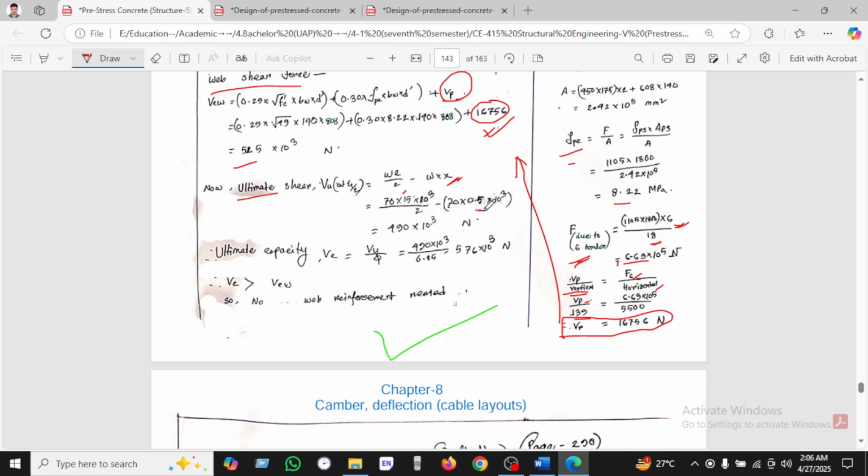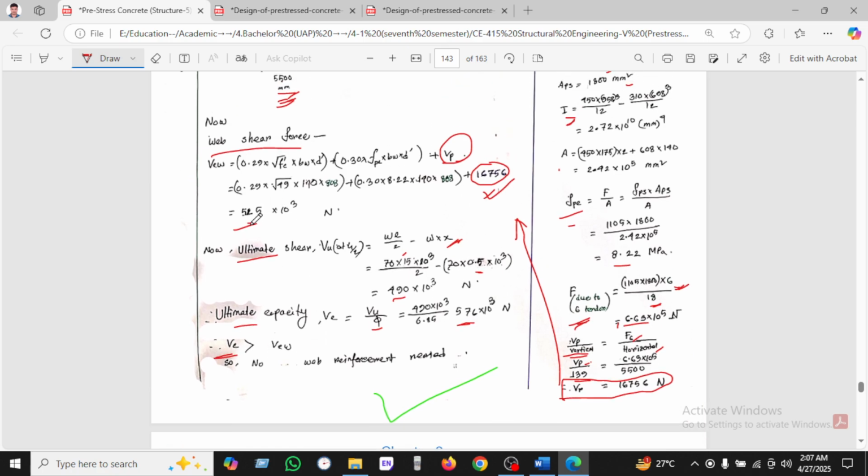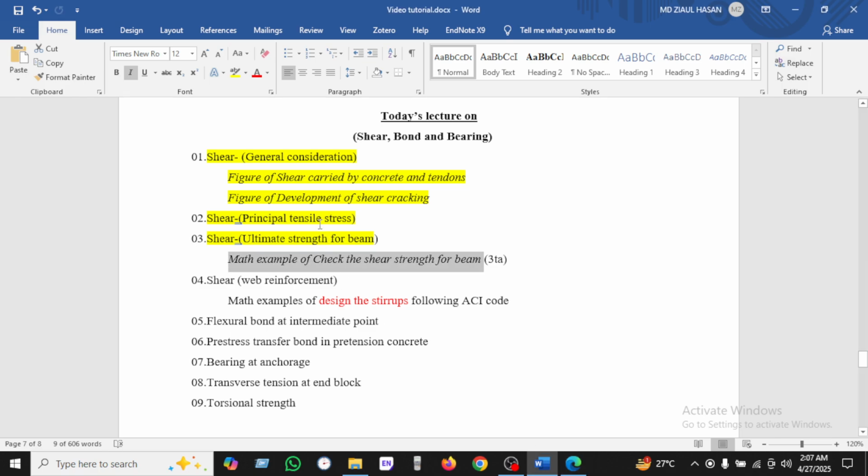That's why we will use 0.5, and find 495. And the ultimate capacity will be divided by the factor load, and found 576. So you can see the 576, which is the capacity, is greater than the web shear force, which is 525. So that's why no shear reinforcement is needed. If it were vice versa, then shear reinforcement would be needed. So this portion has ended.